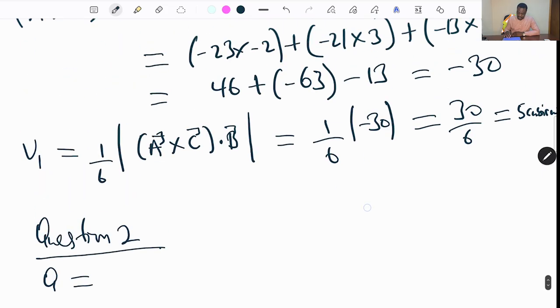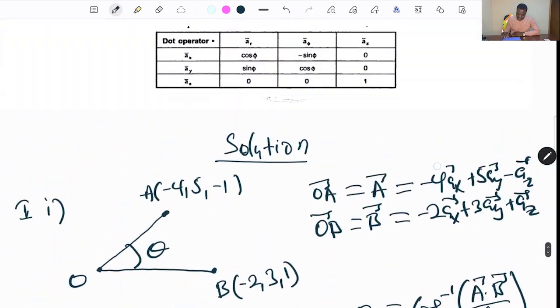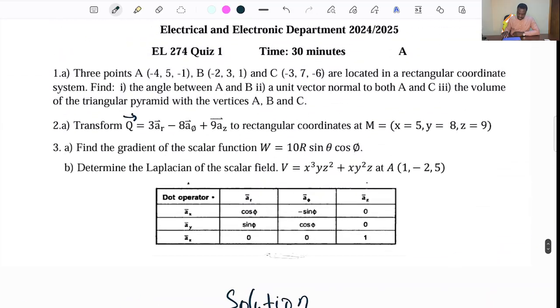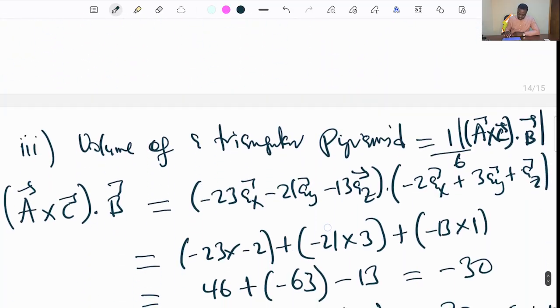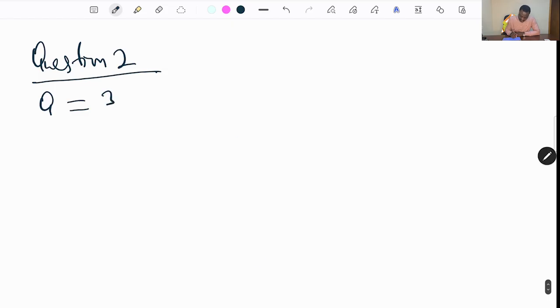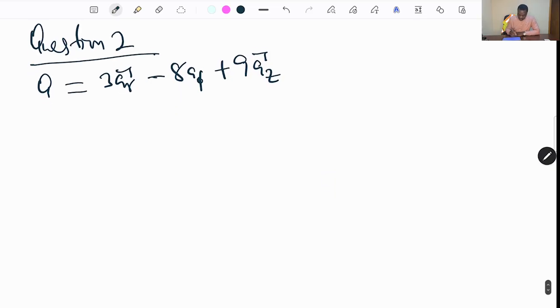We have 3, then here is minus 8 along the direction of the angle of rotation, then plus 9 along the z-axis, right?